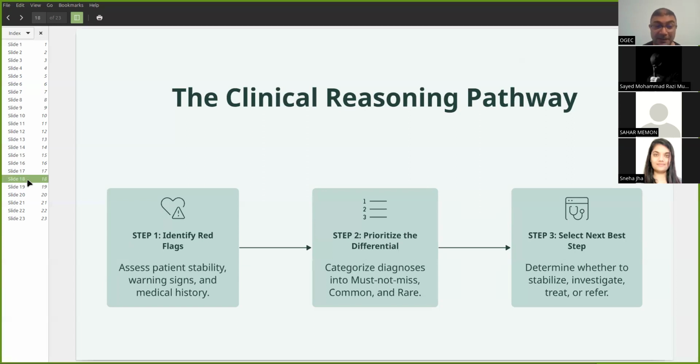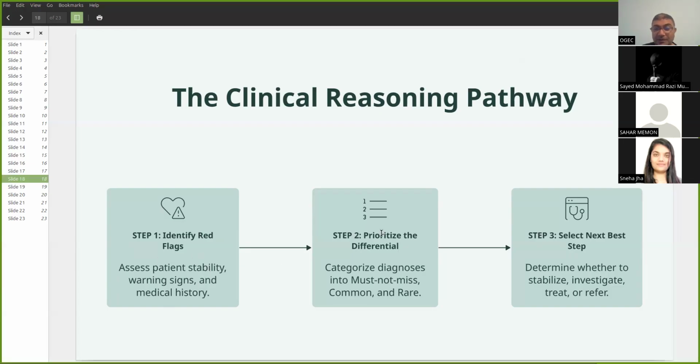Is the patient stable? And the warning signs, what are the warning signs? Like the red flags we just discussed in the previous slides. And also the medical history of the patient. We identified the red flags here.